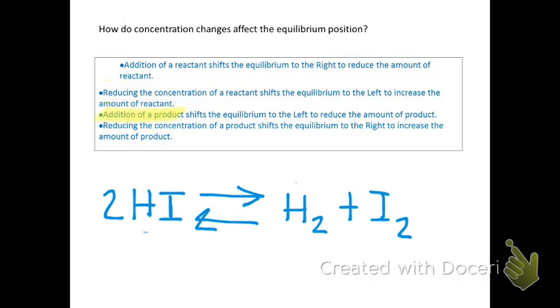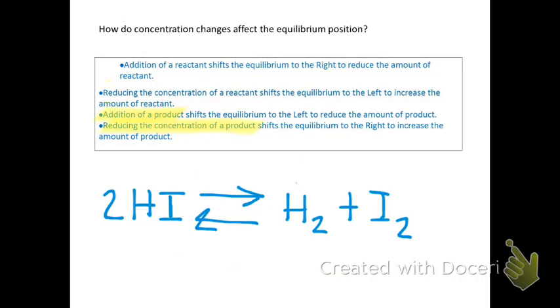So if I'm adding more product, then it's going to shift away from the product to create more reactant. And so it shifts to the left, essentially. But if I reduce the concentration of the product, then the reaction wants to make more of it.